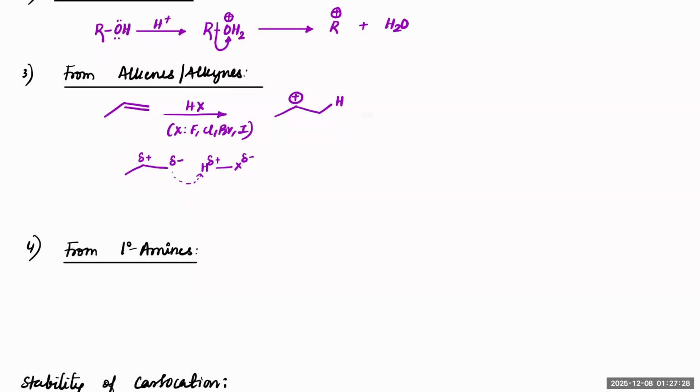Now, the positive and negative charge could be happening on either direction. So we can expect that we can get hydrogen and halogen here with delta positive and delta negative. And this might get delta negative and this might get delta positive, and this delta negative can attract this H plus. Both can happen. So like this, we can have H getting added here and plus getting formed.